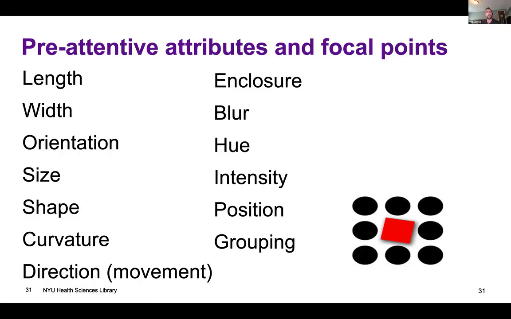We can very readily identify that one of these shapes is not like the other, or one of these shapes is a different color, without having to read through it. We saw that as well with the bar charts compared to the pie charts, where the length was immediately apparent as different from the curved shapes, the arcs of those circles.